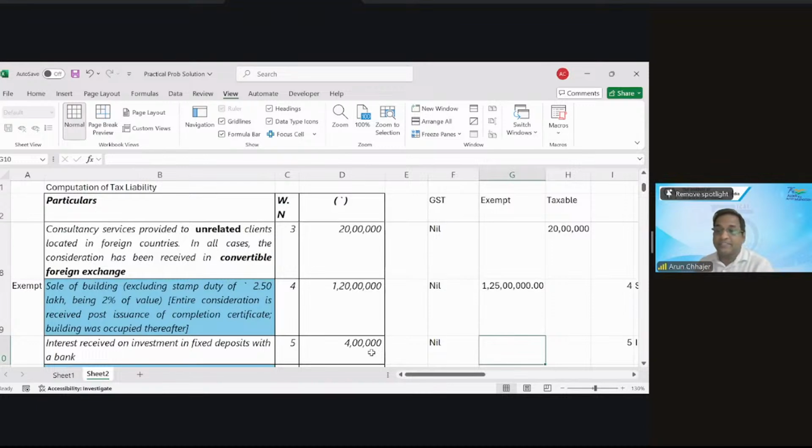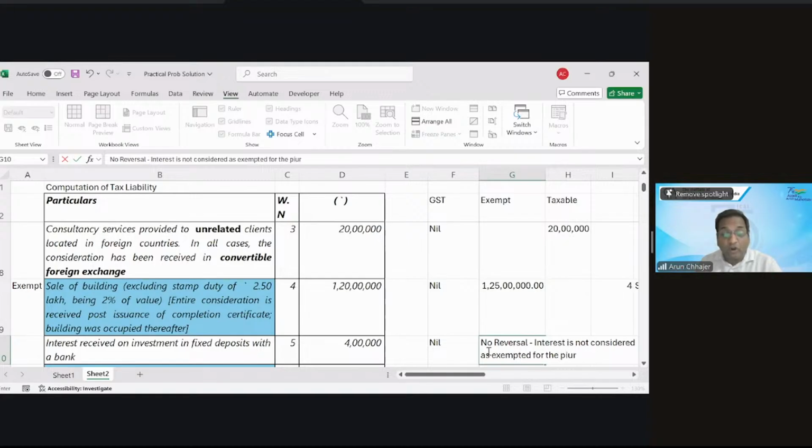Is interest an exempt supply or taxable supply? Will it attract the reversal? The answer is no reversal, because interest is not considered as exempted for the purpose of rule 40 to 43.